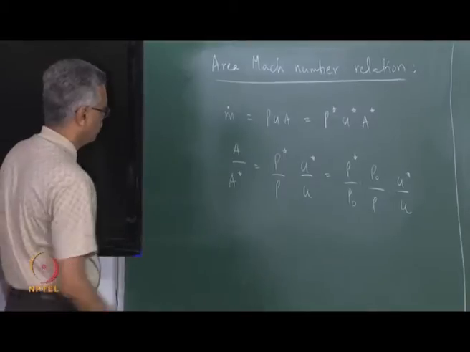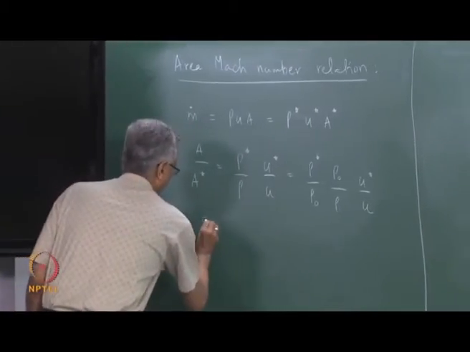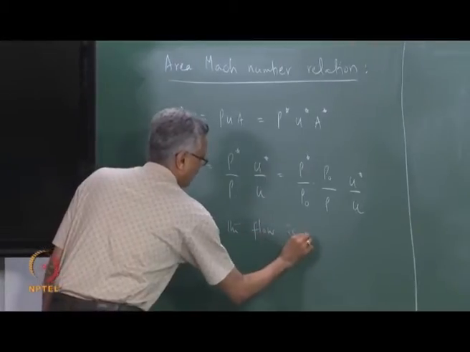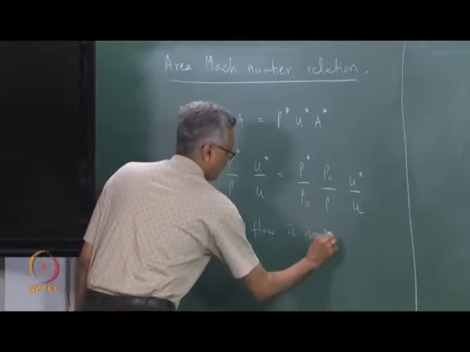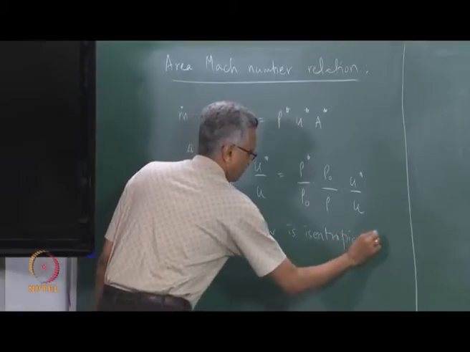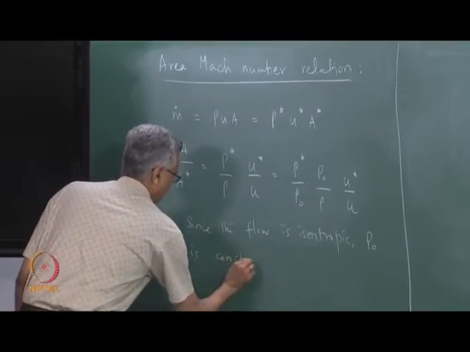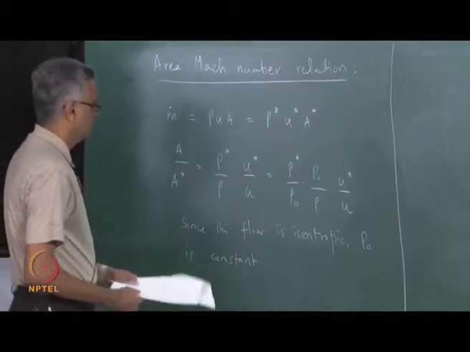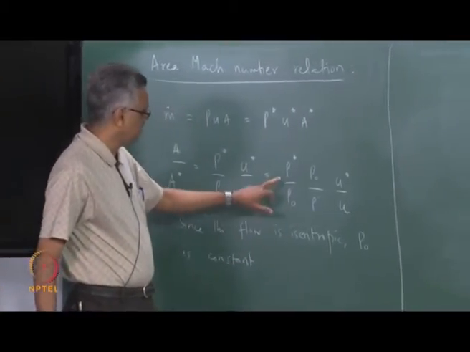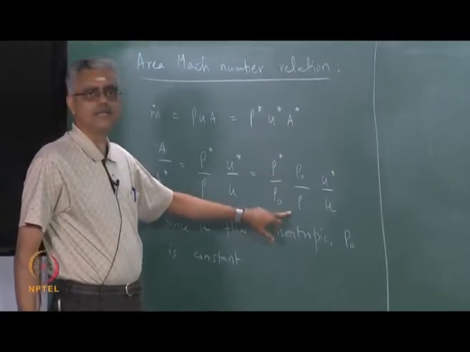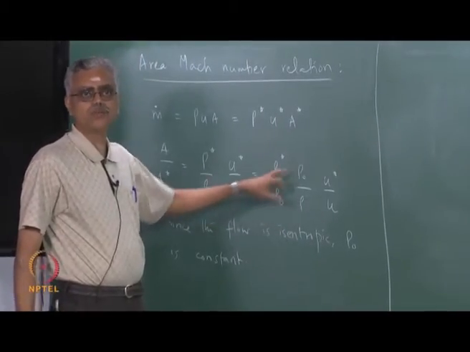Since the flow is isentropic, rho naught is constant, so the stagnation density at the point where the sonic state occurs is the same as the stagnation density at any other point in the flow. Otherwise I will not be able to use this.